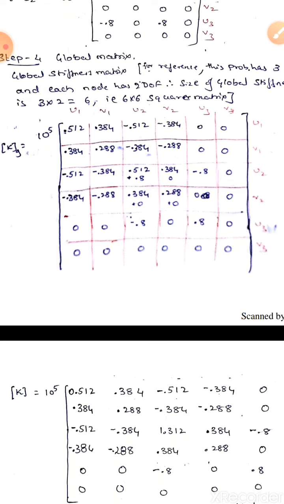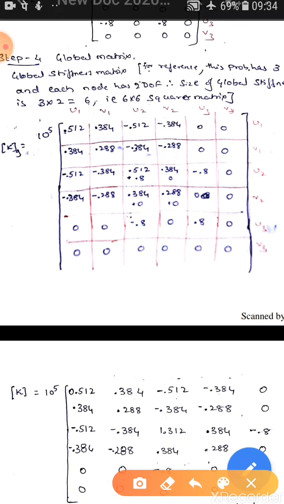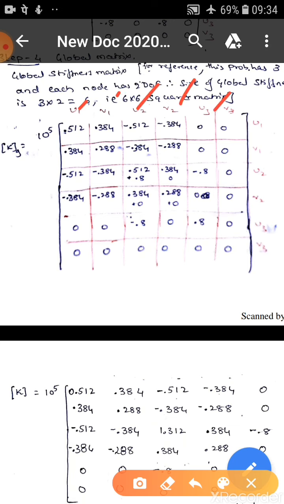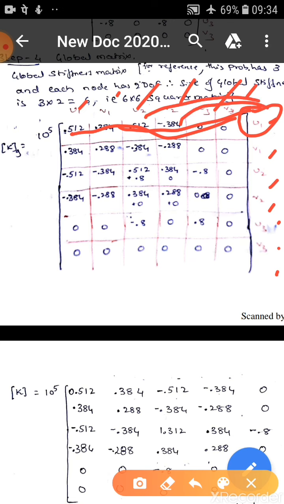In the 6 into 6 matrix, we write 6 rows and 6 columns. Each row and column is labeled u1 v1, u2 v2, u3 v3. Write it along the columns and along the rows also. Next, refer u1 row, u1 column; u1 row, v1 column; u1 row, u2 column; u1 row, v2 column.